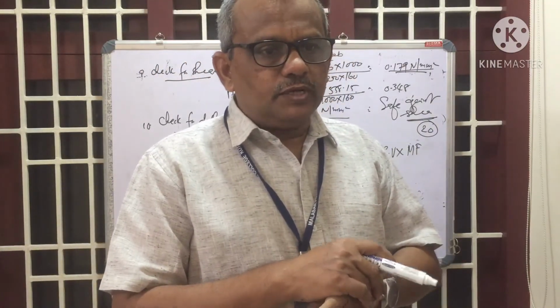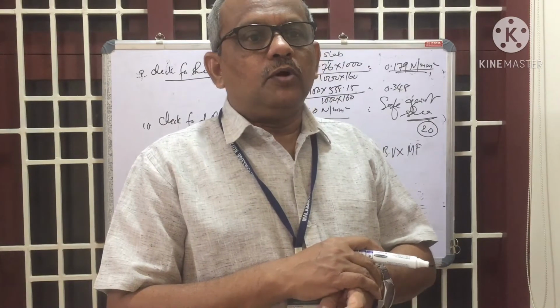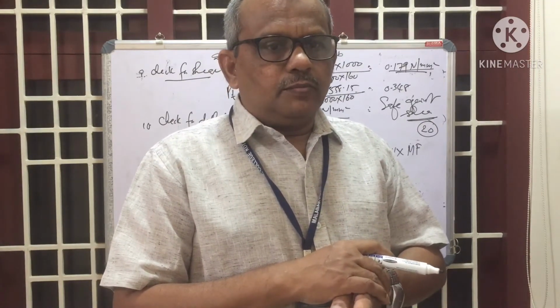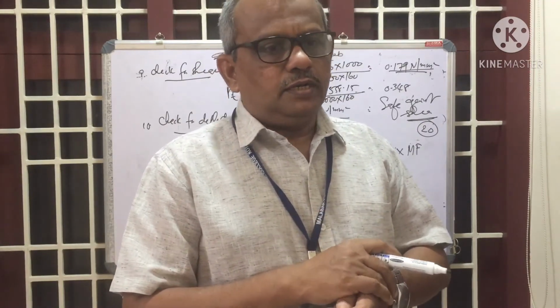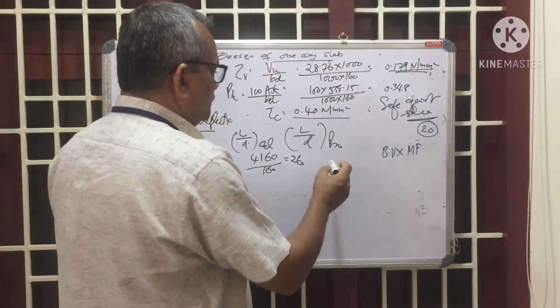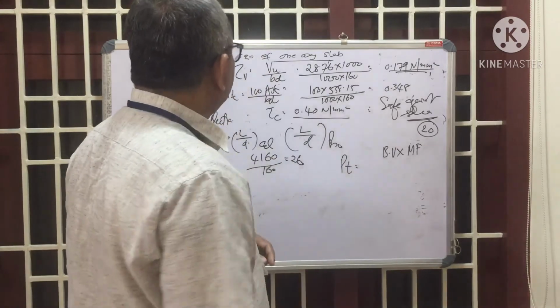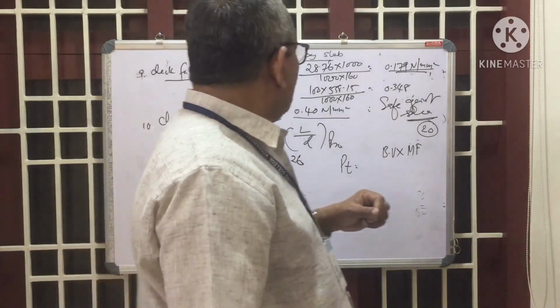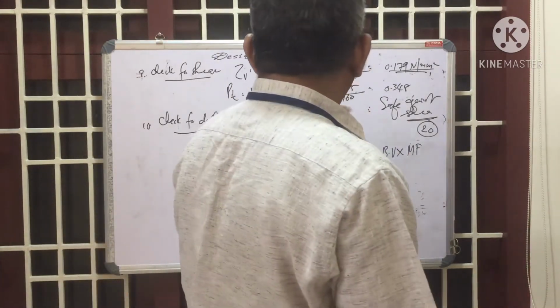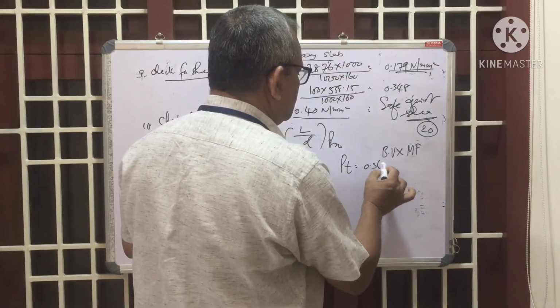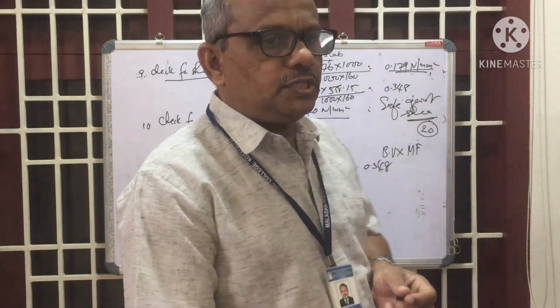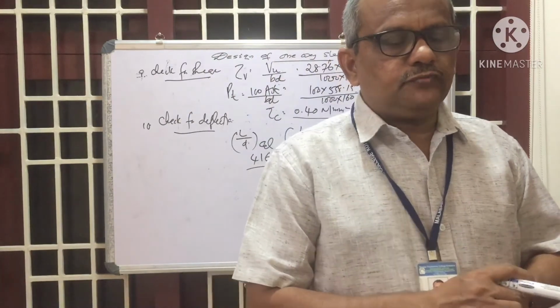Then, what about the modification factor? To find it, we have to go by the value of PT, the percentage of reinforcement we already calculated, 0.348.